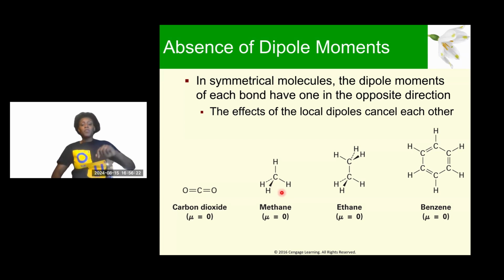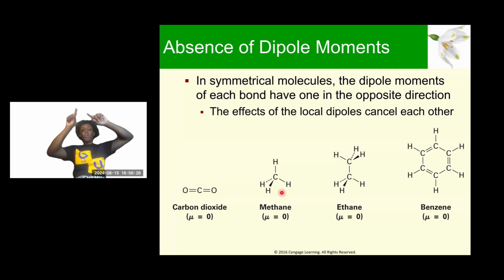Same with methane. You have your tetrahedral shape, and because all of the hydrogens are pulling on the carbon in such a symmetrical way, it still gives you a 0 dipole moment. You see the same thing with ethane. It's symmetrical, so it's pulling both down like this, okay? And same thing with benzene.